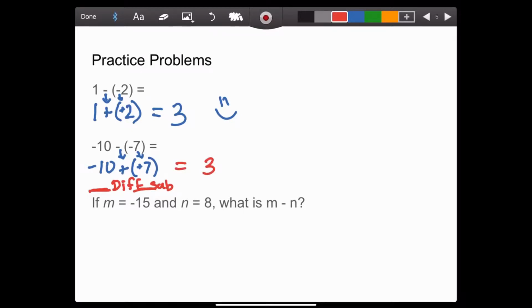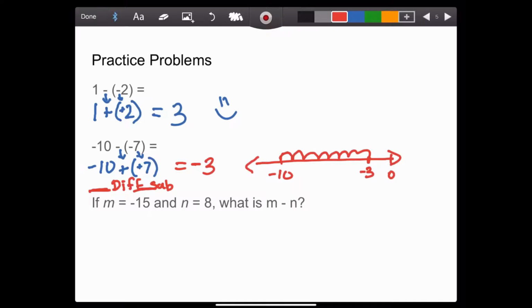But are there more negatives or positives? There's more negatives, so it's -3. We could also do a number line. If I'm at -10, and I'm adding 7, 1, 2, 3, 4, 5, 6, 7, so this is going to be -3. I didn't get all the way to 0 yet.